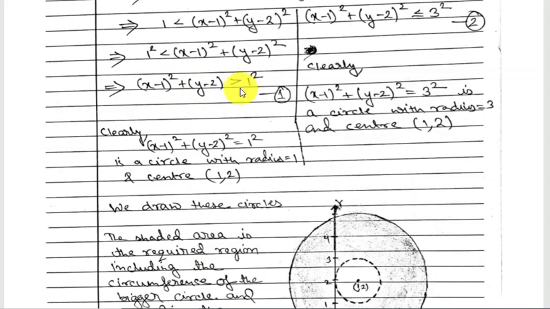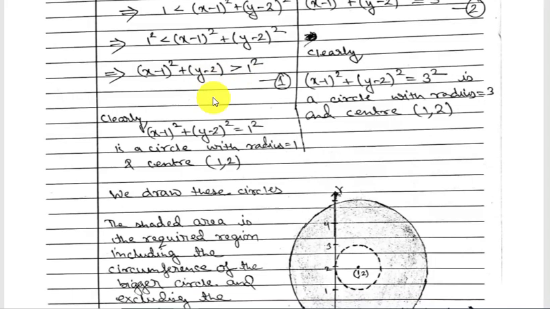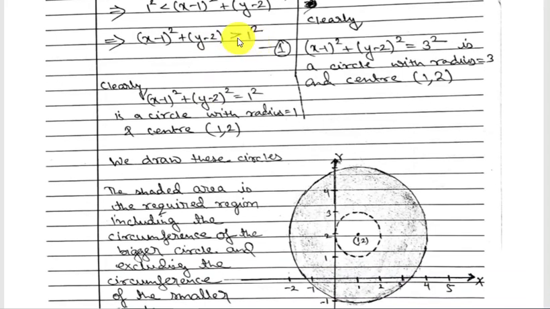So that means what is happening, only those points which are outside the circle will satisfy, because here greater than sign is there and equal to sign is not there.